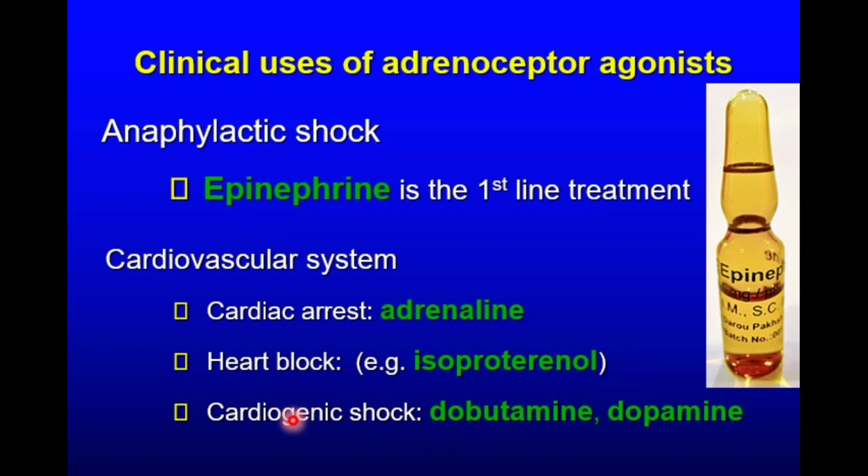In cardiogenic shock, which results from inadequate blood flow due to dysfunction of the ventricles of the heart, selective beta-1 agonists, including dobutamine, increase cardiac contractility with limited increase in heart rate.